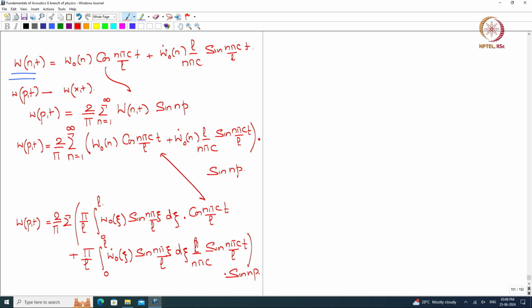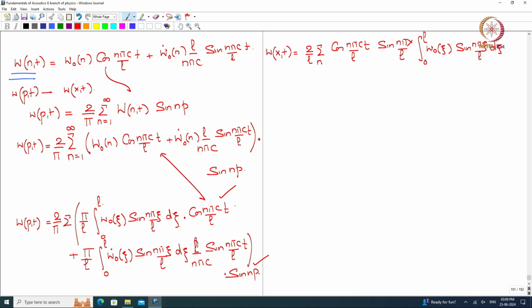So, what will be small w x comma t? That is given by 2 by l summation over n, cosine n pi c by l t, then sine n pi x by l, then integral 0 to l w0 of xi sine n pi xi by l d xi. That is this first term.